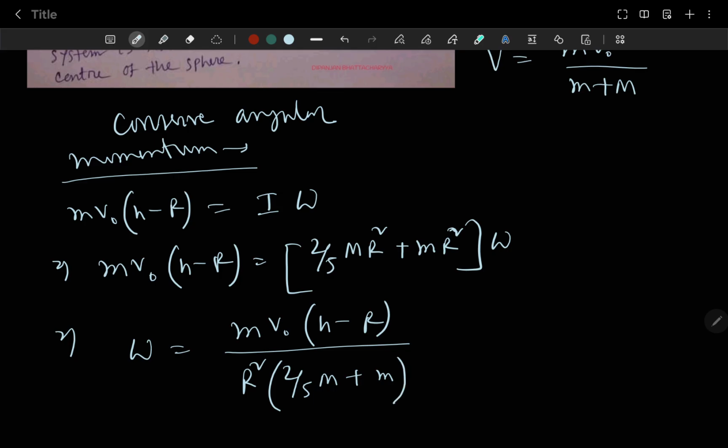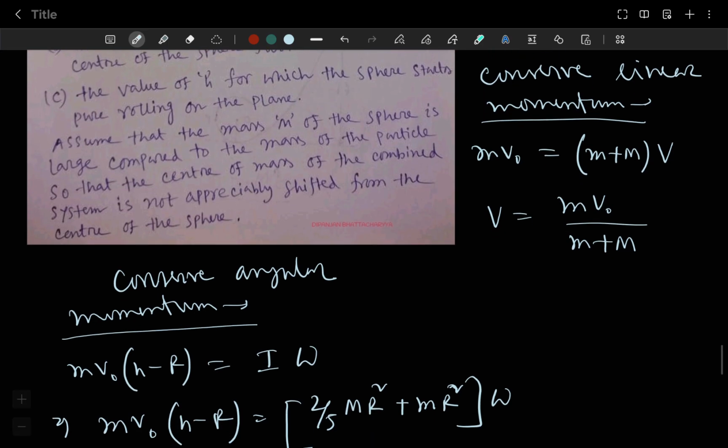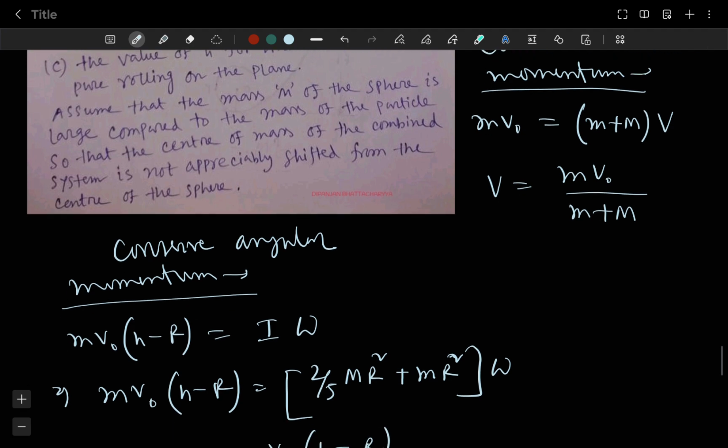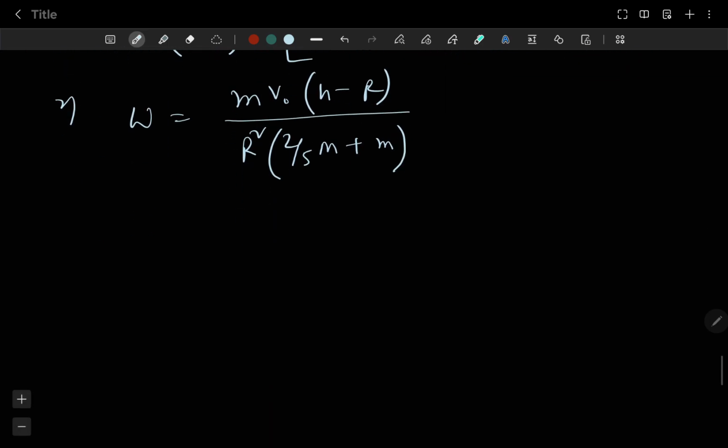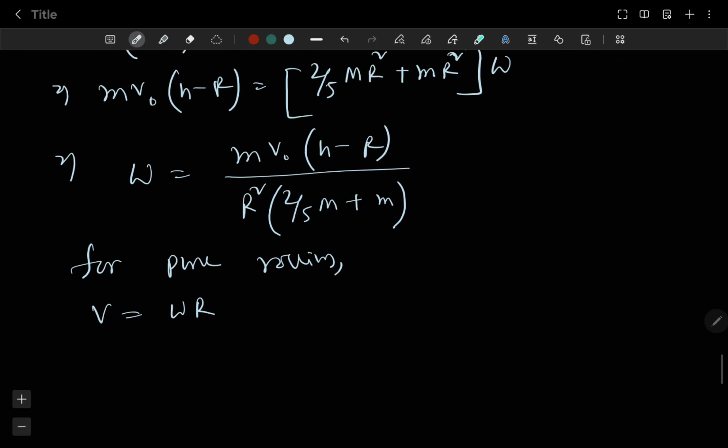Okay, now they said find the value of h for which the sphere starts pure rolling. The mass capital M is much greater than small m. So we know for pure rolling, v equals omega r, capital R. So how to do it?